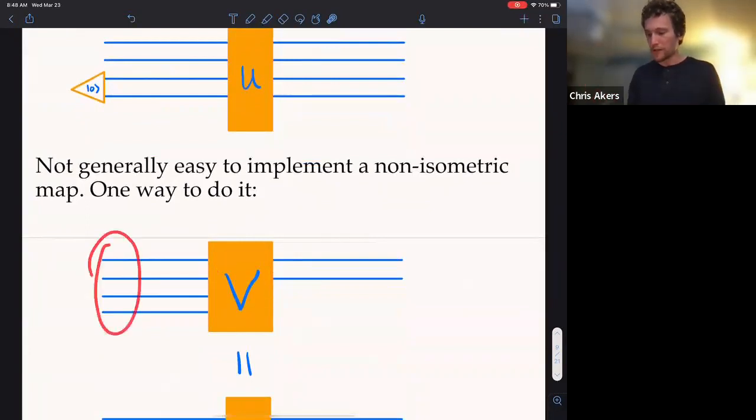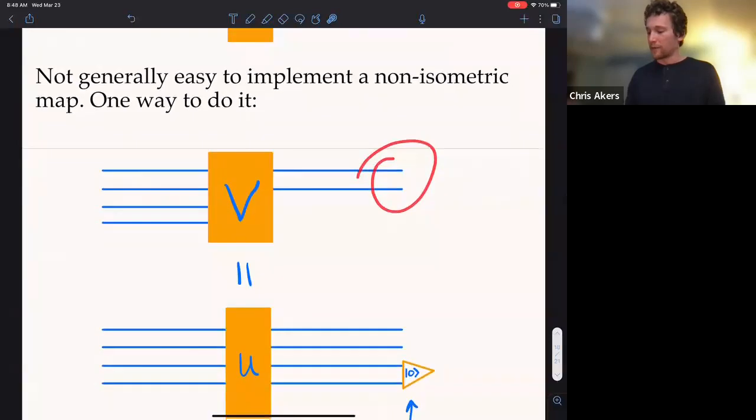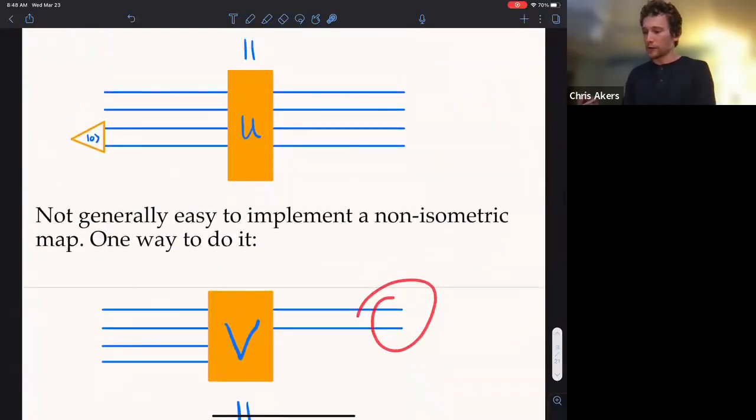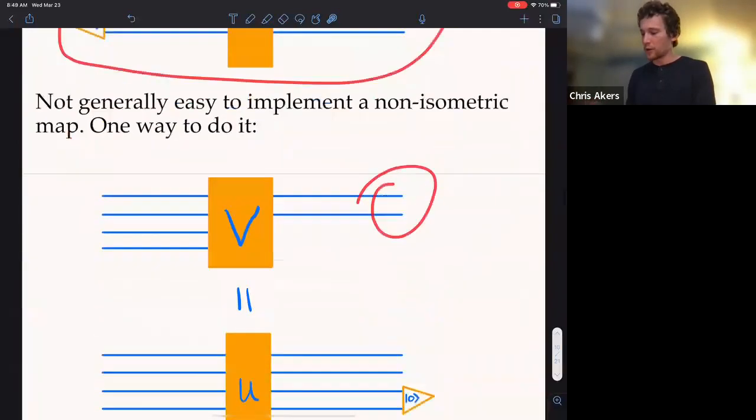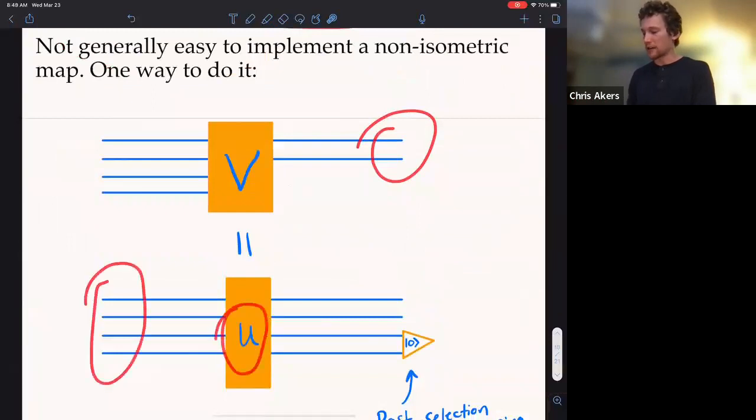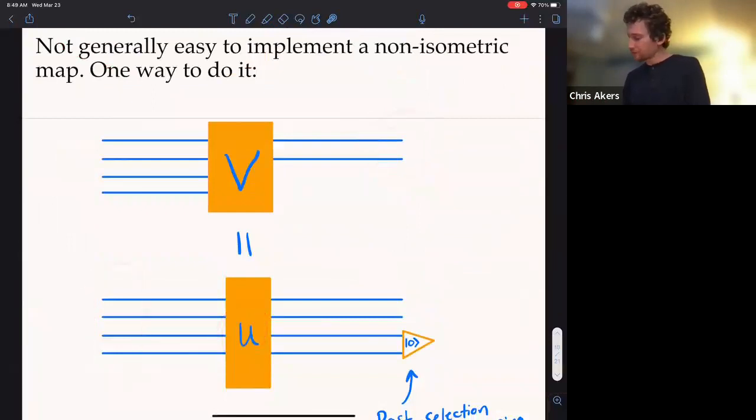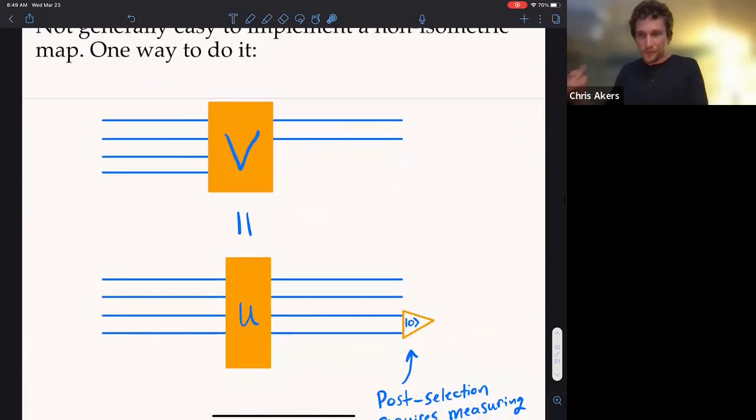We have 4 qubits, so they could take some state, and we want to map those 4 qubits to a state on 2 qubits. One way you might do this is the flipped version of this circuit, where you take your 4 qubits, act some unitary on them, and then post-select 2 of them onto the state 0, which means mathematically you act with bra 0 on them, maybe up to some rescaling.